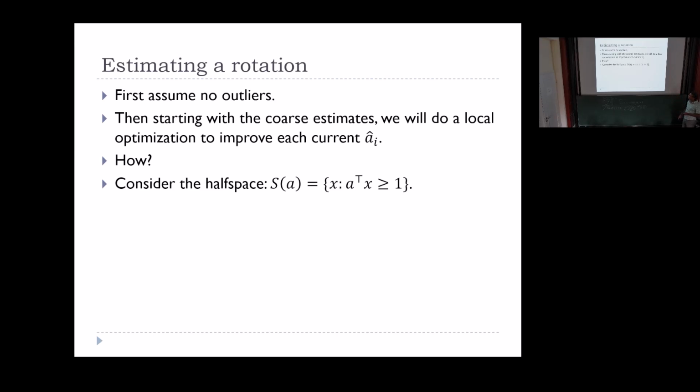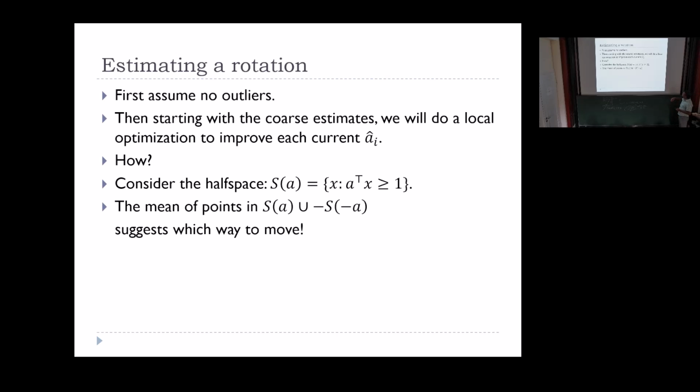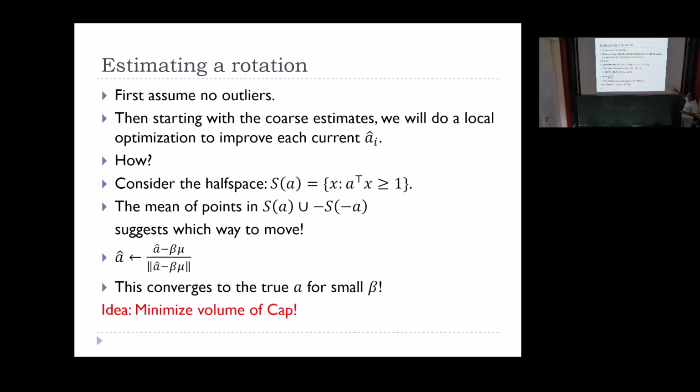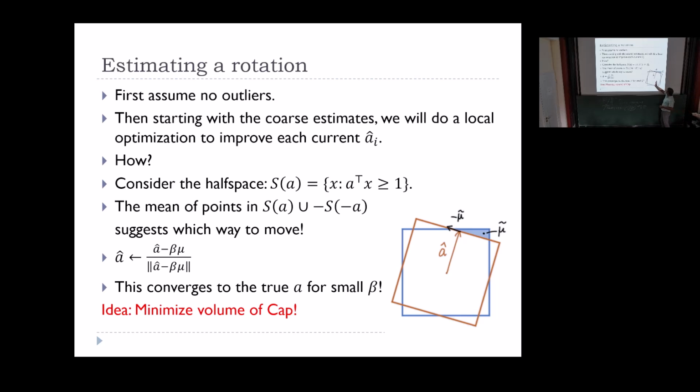Okay, how? There's a figure coming up. Sorry, here it is. For a direction A, let's consider the half space, which is just everything at distance bigger than 1 on one side. And similarly, we have minus A, with a bit less than minus 1. So points in the half space on that side and the half space on this side.